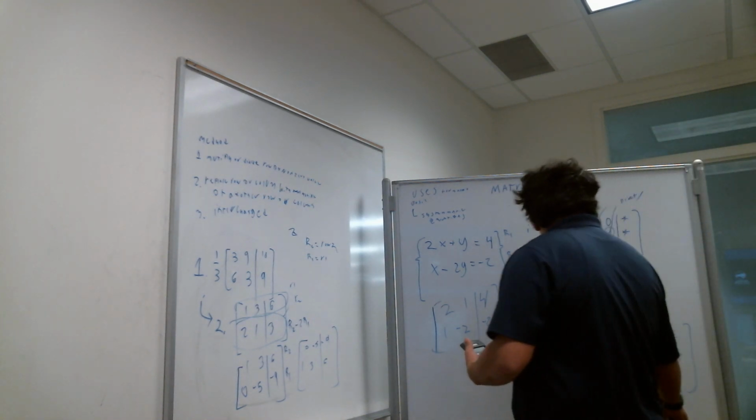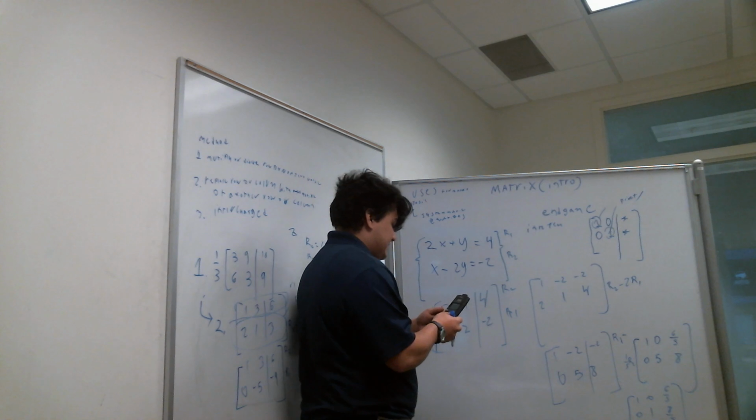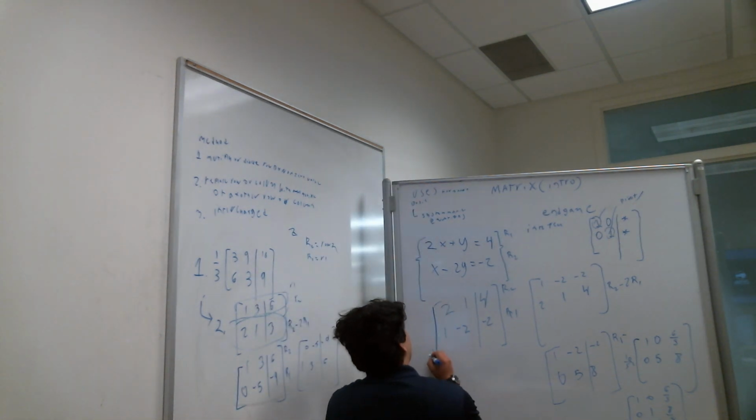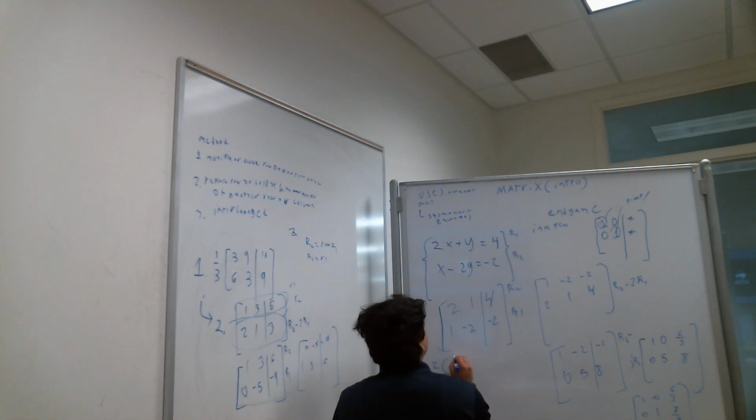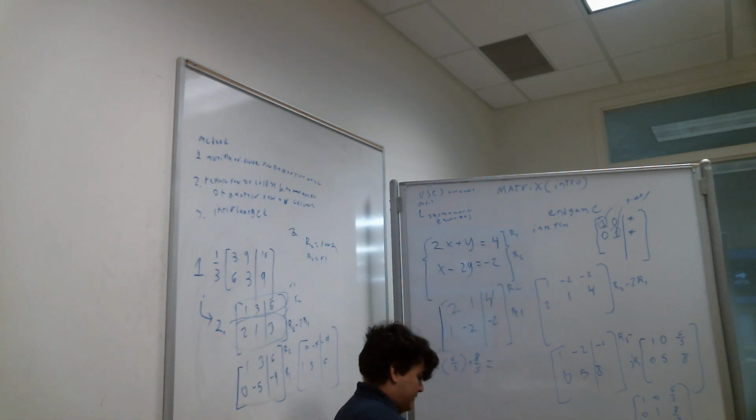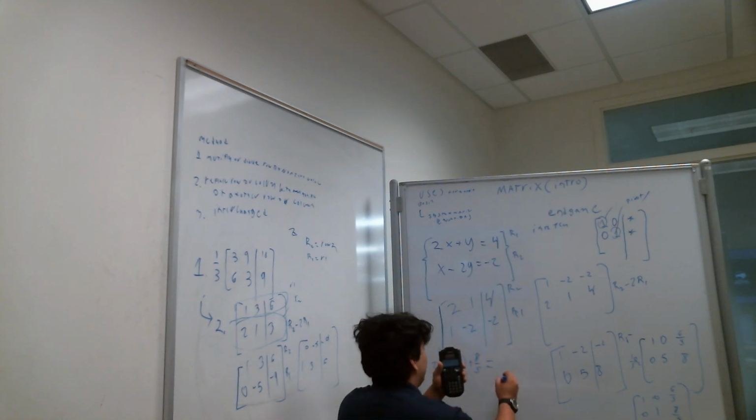When you're checking that, you plug it into the equation. 2 times, the top one is x, so 6 over 5 plus 8 over 5. Plug it into the calculator: 6 over 5 plus 8 over 5, and you get 4.